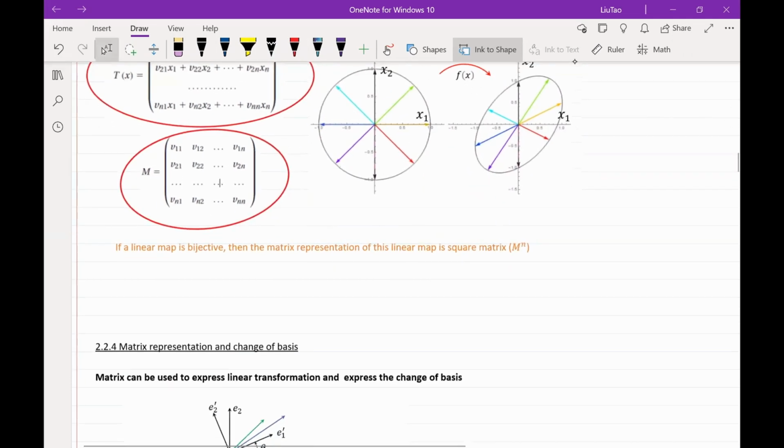If a linear map is bijective, then the matrix representation of this linear map is a square matrix. So it's n by n. The input has n components, and the output also has n components.